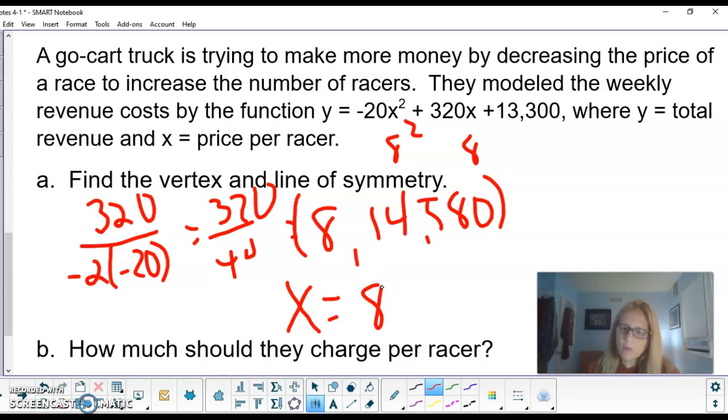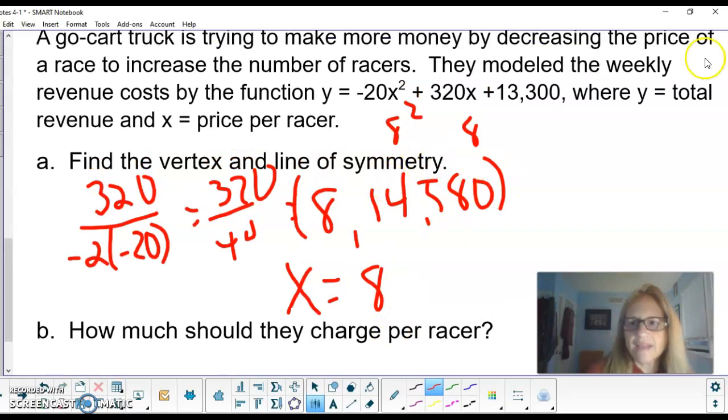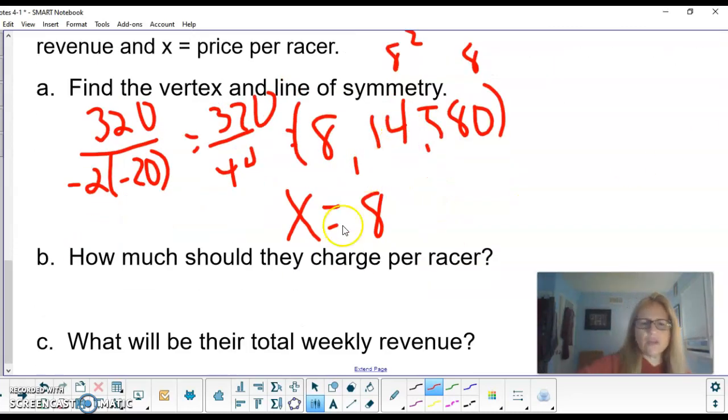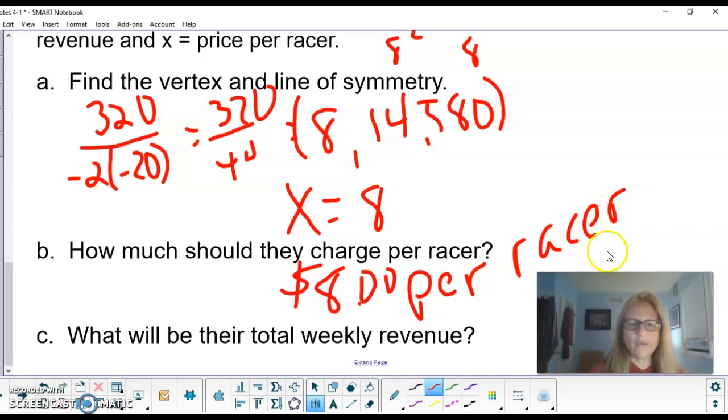So why is that vertex important? Because that's what helps us answer the question. It says, how much should they charge per racer? Well, x is the price, so they should charge $8 per racer. And what would their total revenue be if they do that? Well, that's our y.